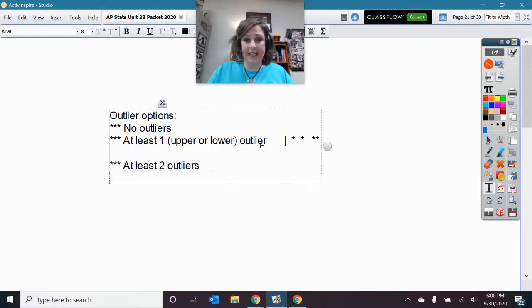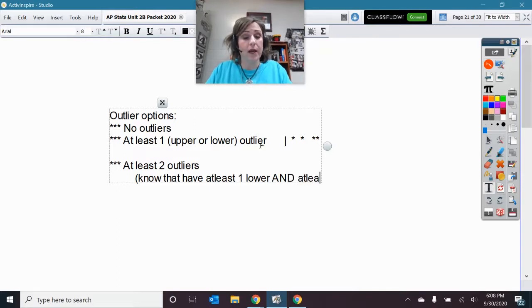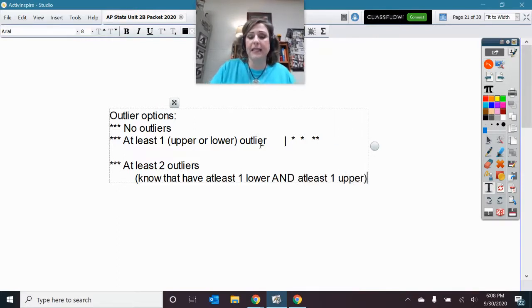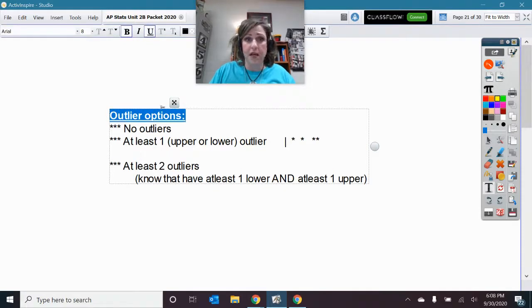And this happens if you know that you have at least one lower, and at least one upper. Okay, so if you've got at least one upper and at least one lower, then I have at least 2. I could have more, but I know for sure I've at least got 2. Okay, so these are the phrases that we'll see, and those are happening because of seeing that max and min.